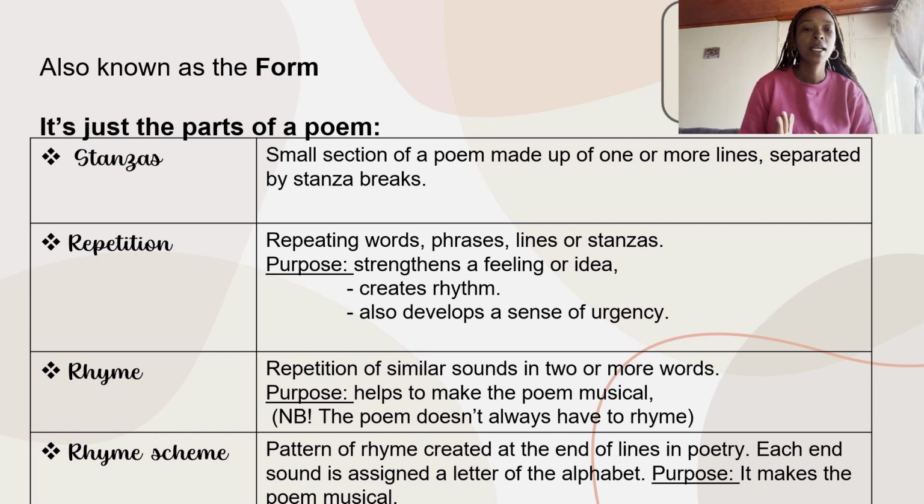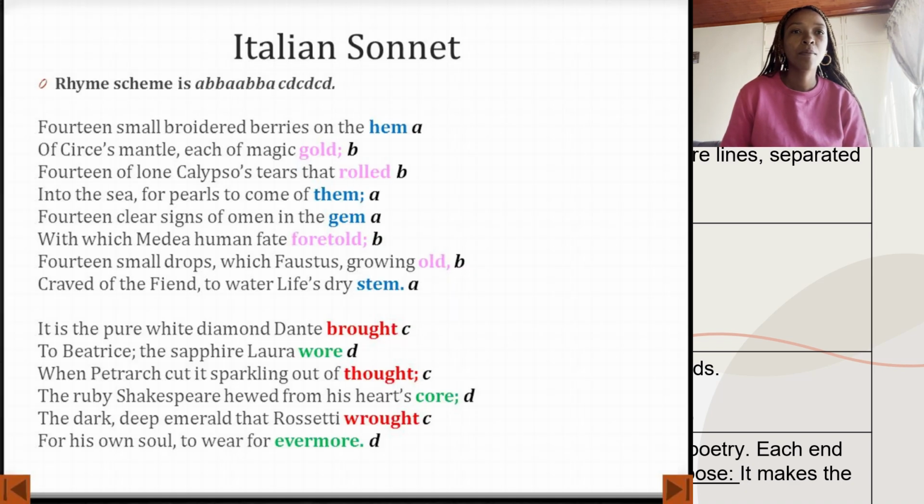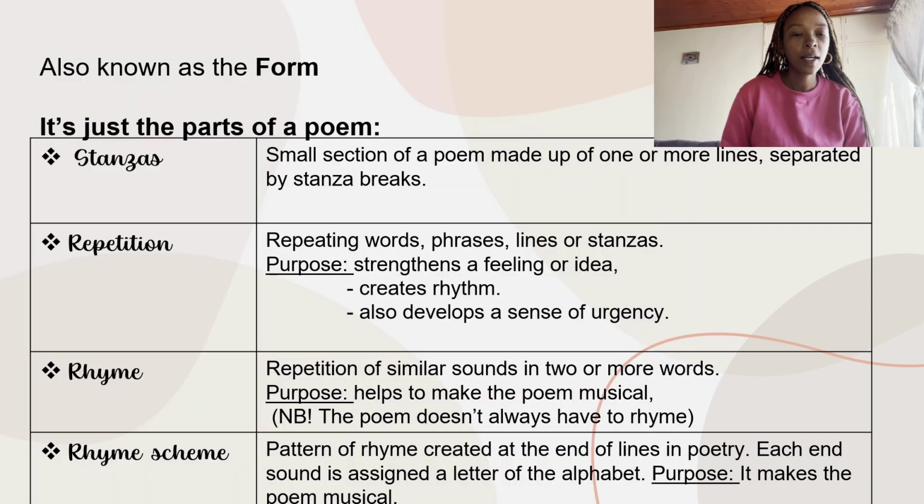Each end sound is assigned to a specific letter of the alphabet. For example, in a sonnet, it would be A, B, B, A, B, B, A. So the first line of the poem would then be assigned the letter A. The purpose of this is that it makes the poem a little more lyrical.